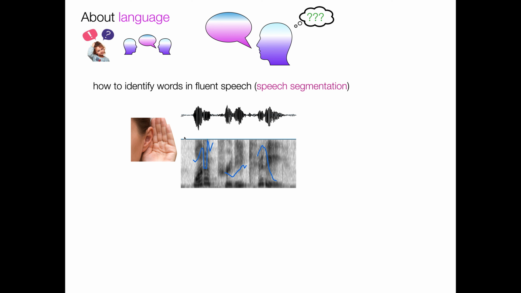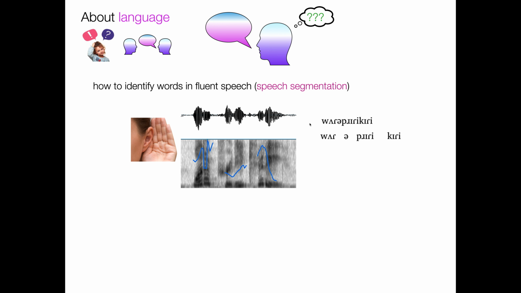So the actual signal that we hear in spoken language is this auditory signal, which these are different visual representations of, and you can see that it's got a lot of mess, it's got a lot of fuzz. That's not what we perceive.